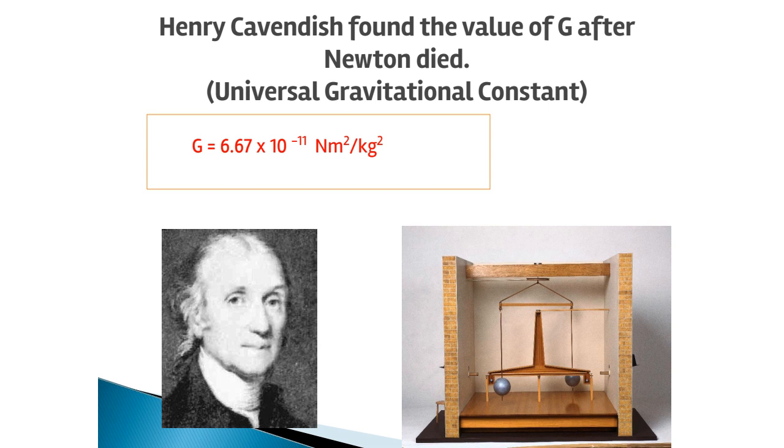But Henry Cavendish was able to design this device where he was able to actually come up with the value for the universal gravitational constant. And you see the units are listed here, newton meter squared divided by kilogram squared. And it's this super, super small number, 6.67 times 10 to the negative 11 newton meter squared divided by kilogram squared.